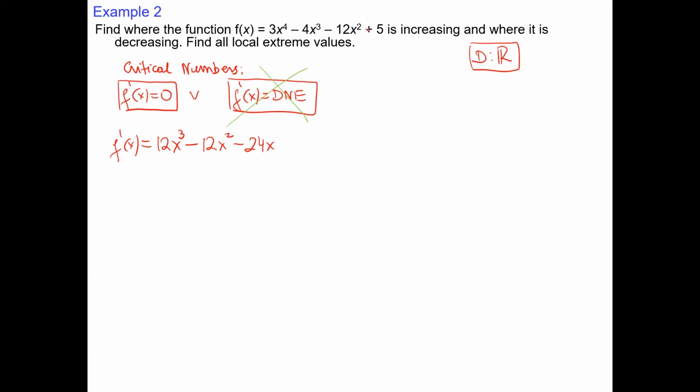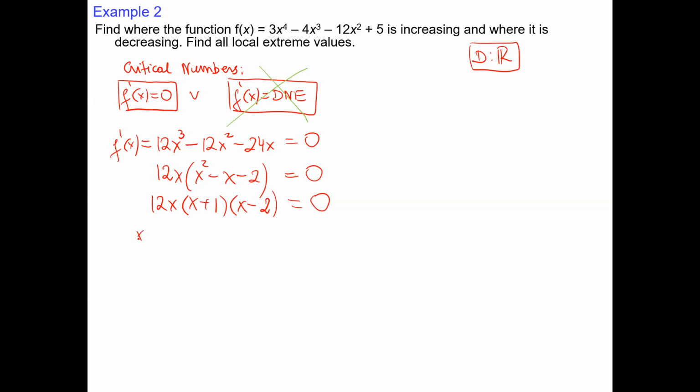Now we have to set this derivative equal to 0. Maybe I can factor out 12x. We will have x squared minus x minus 2, and this expression must be 0 for the critical points. Now we have 12x, and this quadratic can still be factored: 1 and 2, plus and minus.